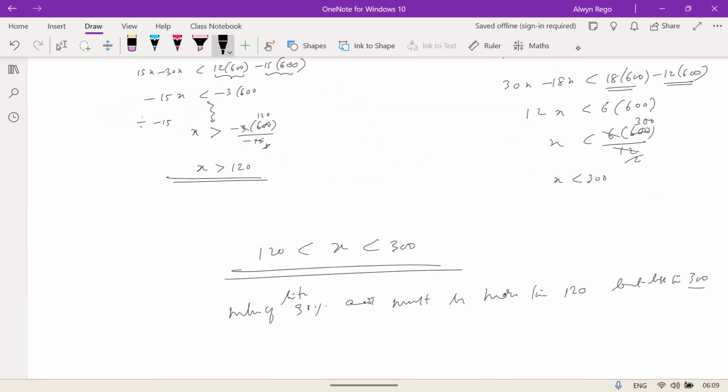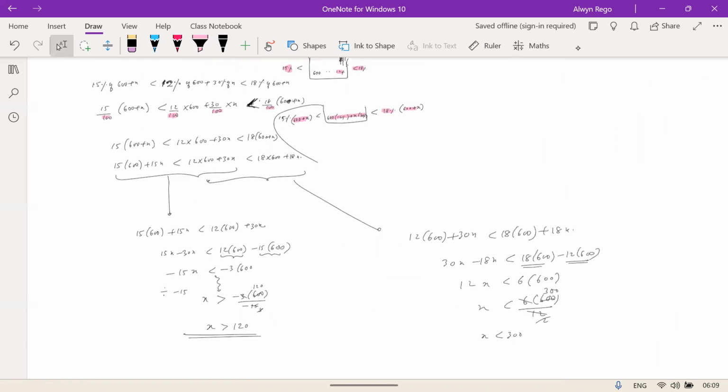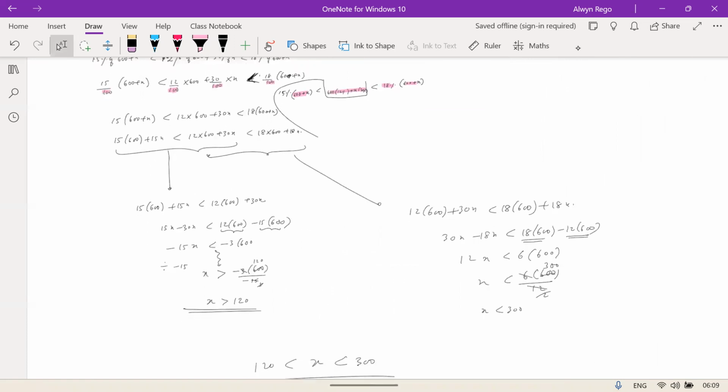So if you are opening a tap, make sure that you add more than 120 and less than 300 liters, then you would have satisfied the customer who wanted the solution with concentration between 15 and 18 percent.